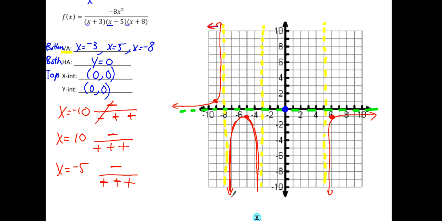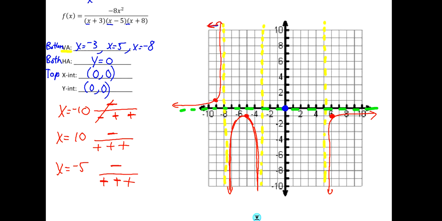Next, we have this other middle piece where we have our x-intercept. Now, that root, that x-intercept, that 0, 0, what is the power on that root? Well, it's a 2. That's even. So based on our multiplicity, what's going to happen at that root? It's going to bounce. So either this is going to come down here and bounce back up, or it's going to come up here and bounce back down. And again, the only way to figure that out is plug in a point. So a real easy one is +1.